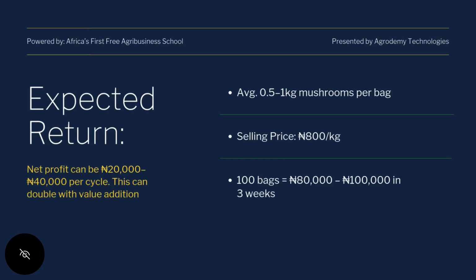And if you're selling at 800, it means you are going to be making 20,000 naira profit, because your cost of production is around 600 per bag, and then you're making 800 per bag, right?